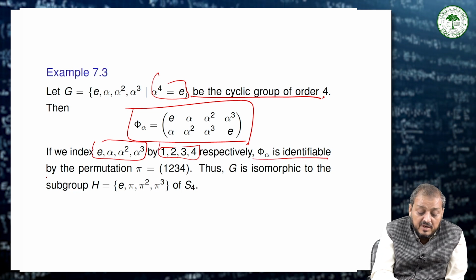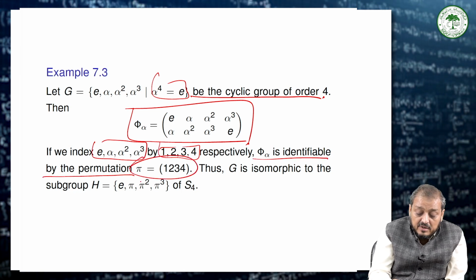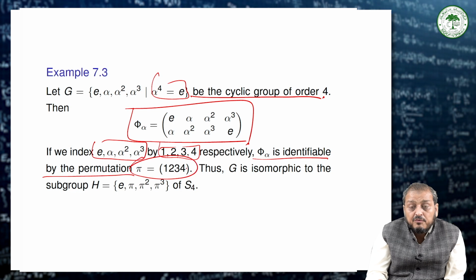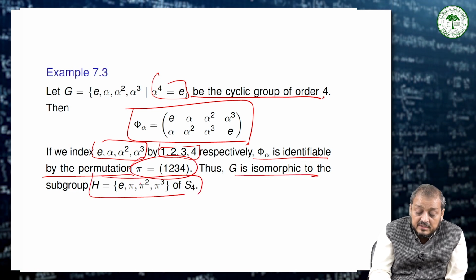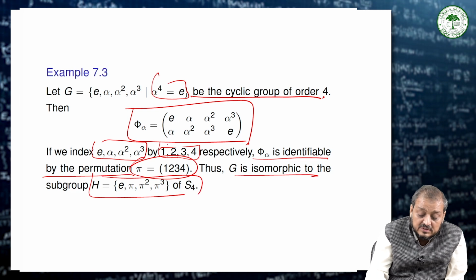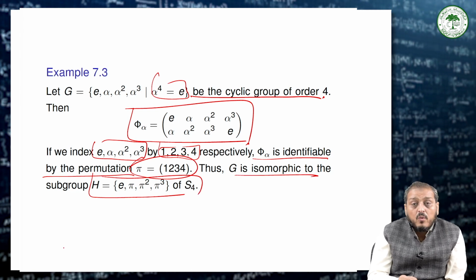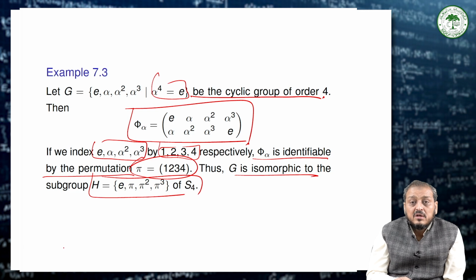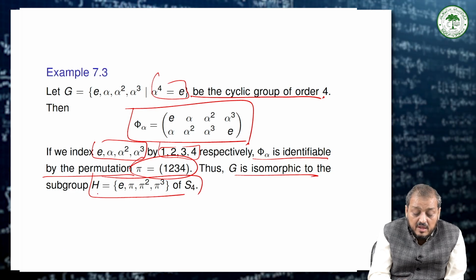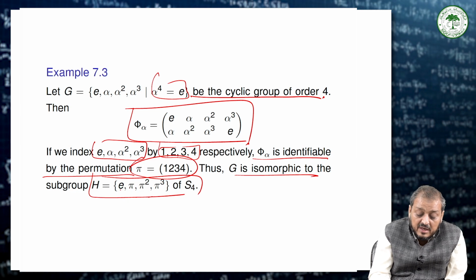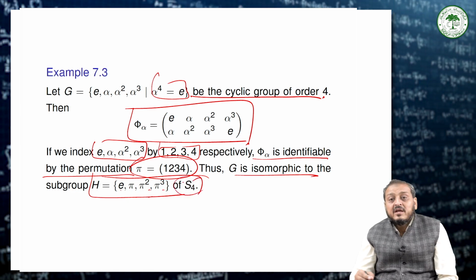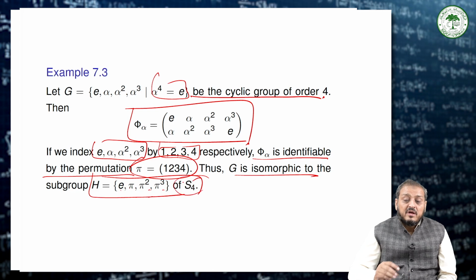Then we identify the permutation pi, generated by 1, 2, 3, 4. G is isomorphic to H of this form, and if you want you can verify this with the previous three examples. We have H equal to E, pi, pi square and pi cube, which is again a 4-element set, and this is again a subgroup of S4.